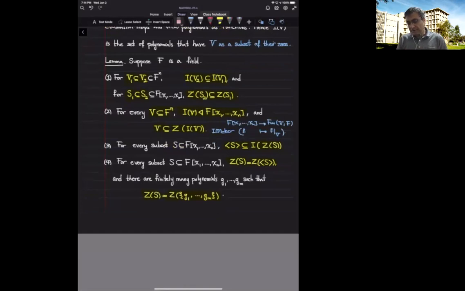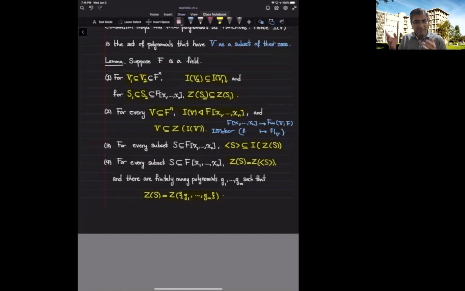The third property is that for every subset S of the ring of polynomials, the ideal generated by S is a subset of I of Z of S. Why is it the case? The reason is rather simple. Z of S means common zeros of S. Now, what does I of Z of S mean? It means the polynomials whose restriction to Z of S is 0.